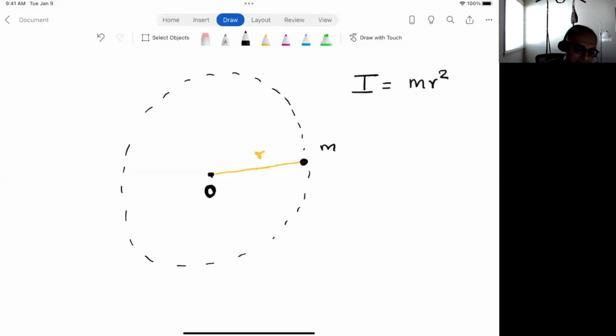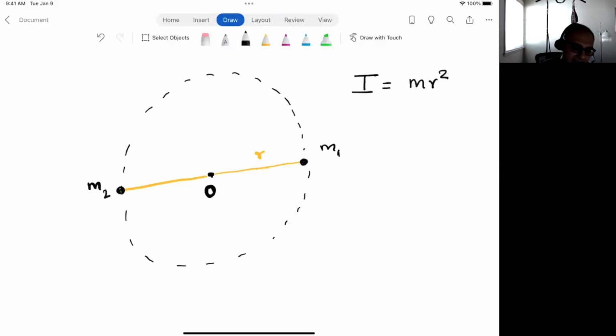Now, what about 2 point masses? Suppose this rod is longer and it goes all the way to the other end as well. And at the other end of the rod, I've got another point mass, right? Let's say that these 2 point masses have different masses. So this one has mass m1 and this one has mass m2.